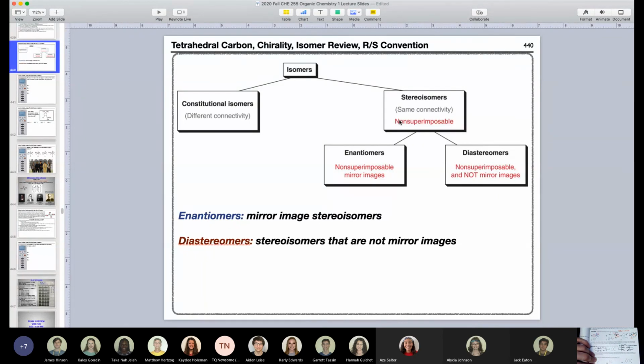Even though we've already determined there's chirality centers present, these molecules have an internal mirror plane. So see here what I'm drawing in the dashed line? Everything above and below mirrors each other. These mirror each other. Everything else mirrors each other internally.